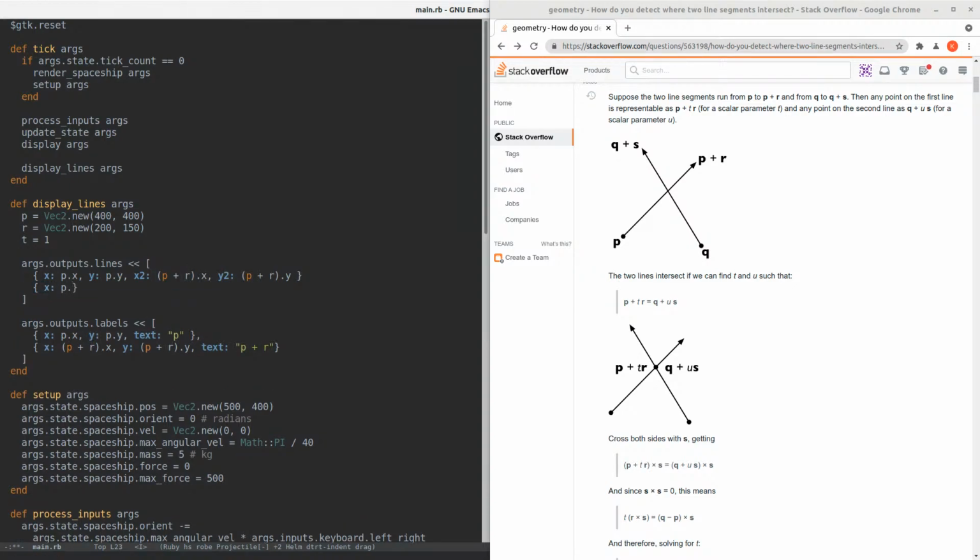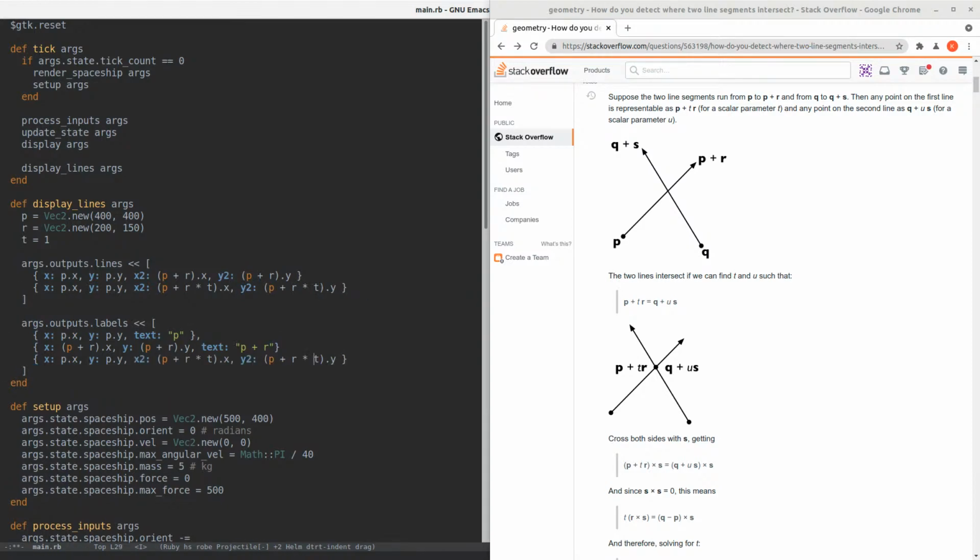So now we can add in another line, which is our scalar. So p dot x, p dot y, x2 is p plus t times r. I'm going to have this in the opposite direction just because of the way my library is set up right now. But r times t gives us this value here, and we'll do y2 p plus r times t dot y.